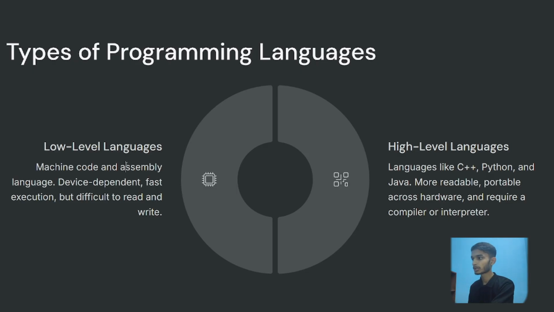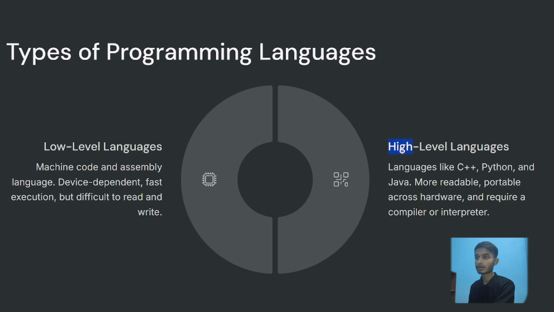In assembly language, we use mnemonics like ADD to add, instead of writing zeros and 1s. In machine code, it is all 0 and 1. So it is difficult to read and write, because in Java we use the English language, but in low level languages like machine code and assembly code we are mostly writing in the form of 0 and 1.